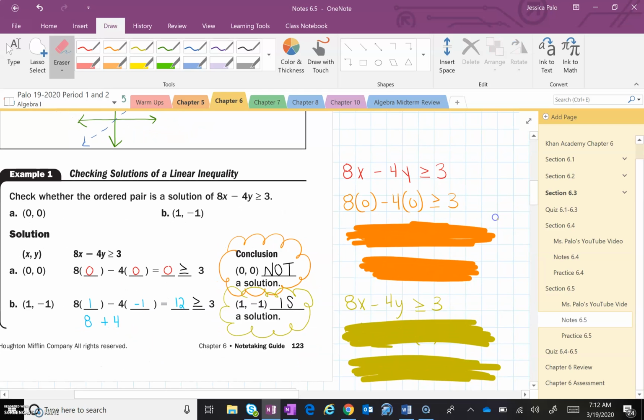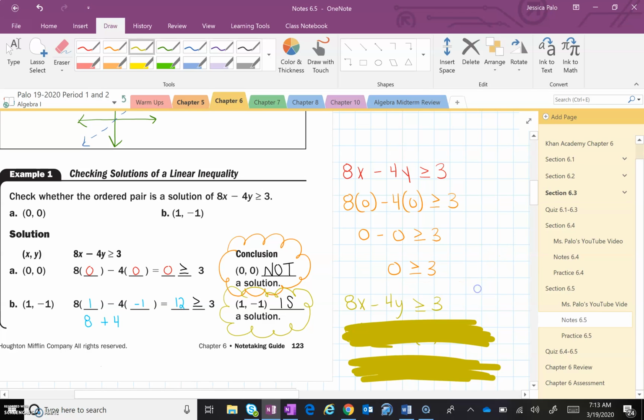So let's plug 0, 0 into the inequality. So then we have 8 times 0 minus 4 times 0 is greater than or equal to 3. Simplify. So we are left with 0 is greater than or equal to 3. That is false. So 0, 0 is not a solution to this linear inequality.